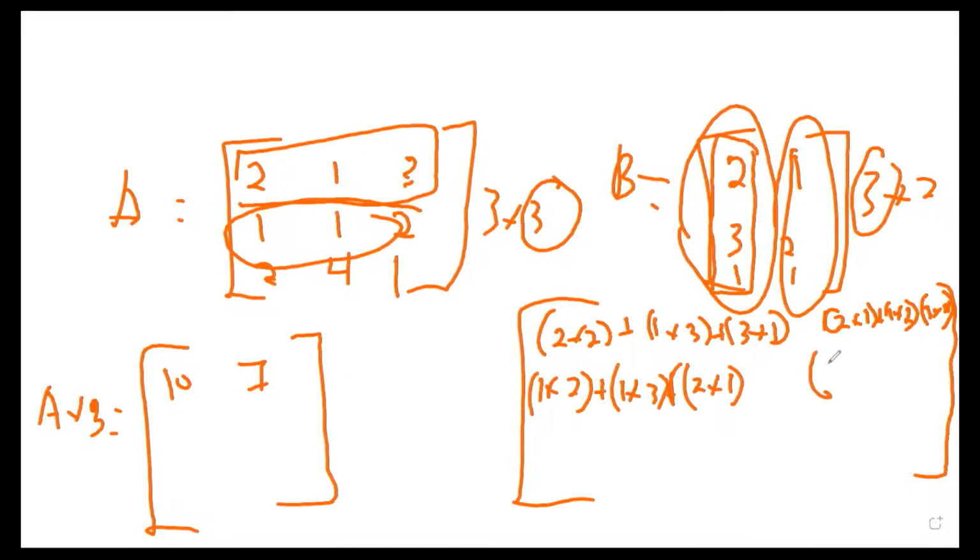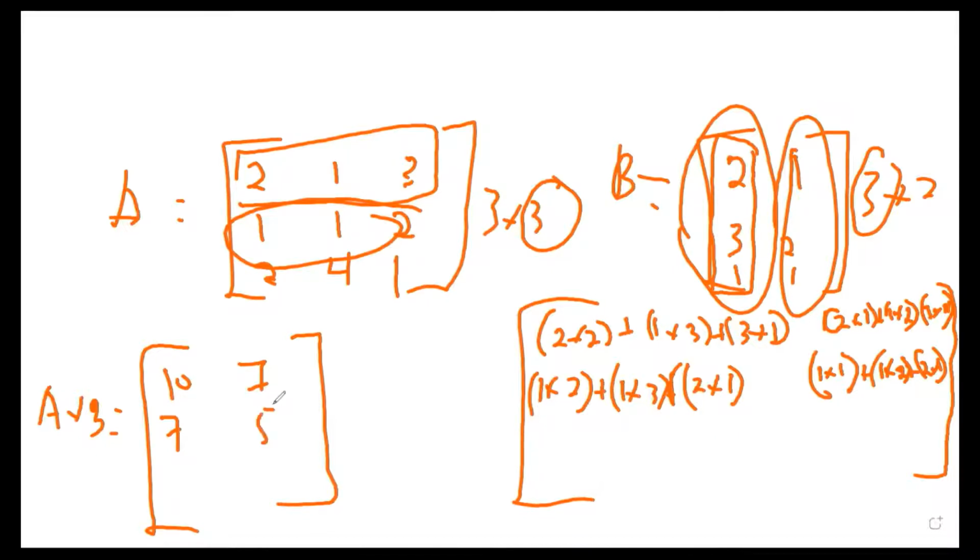The next one you have 1 times 1 plus 1 times 2 plus 2 times 1. This will give you 1 times 2 is 2, plus 1 times 3, that's 5, plus 2 times 1, this will be 7. The next one, 1 times 1, plus 1 times 2, that's 3, plus 2 times 1, that's 5.